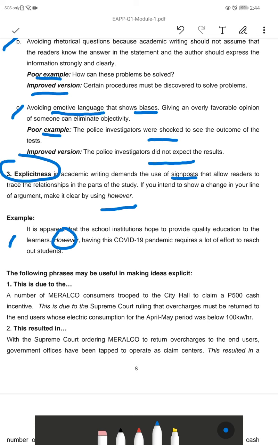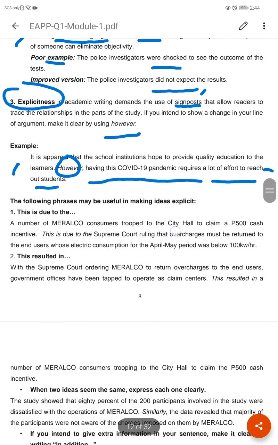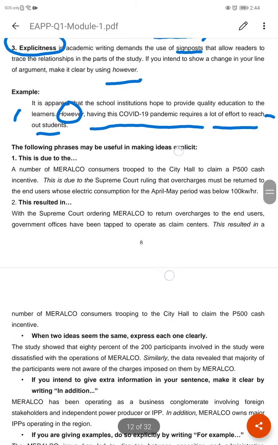So, from the topic of the school institutions, then we go to COVID-19 and the efforts to reach out to students. So, however, here is an example of a signpost or a word clue that helps the reader better understand the text. Okay, let's look at examples here.